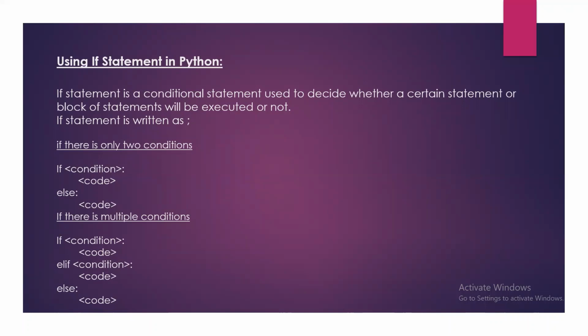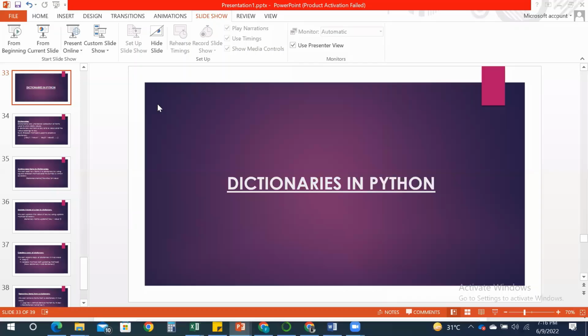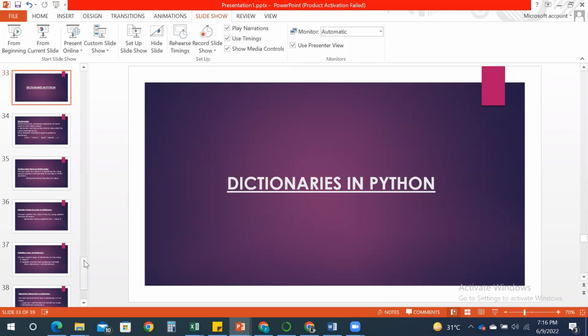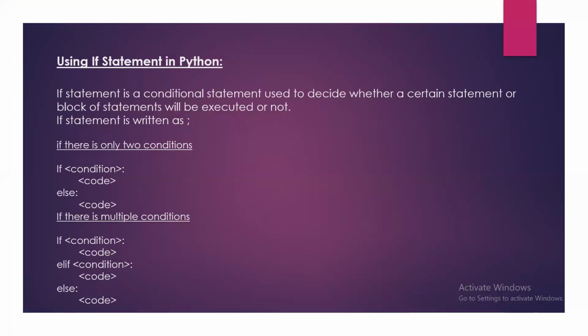If there are only two conditions, or we have to decide between two conditions, we will use if, specify the condition, and give a colon and specify the code which we want to run if the specified condition is true, and we'll use the else key and give the code which we want to run if the statement is false.